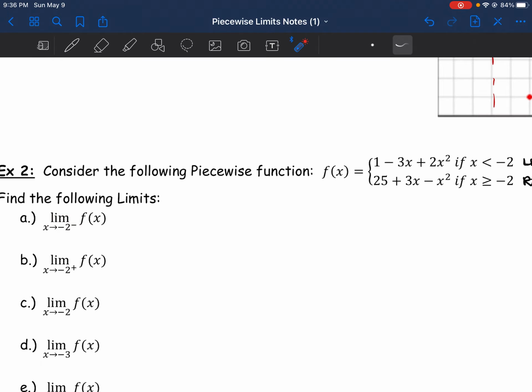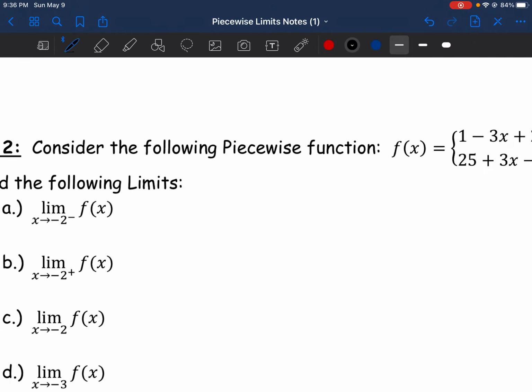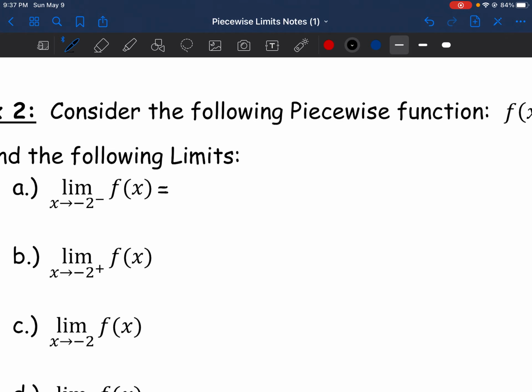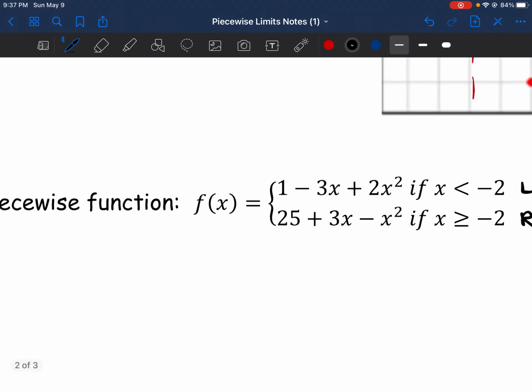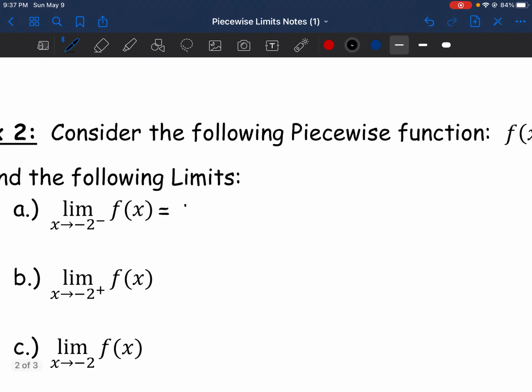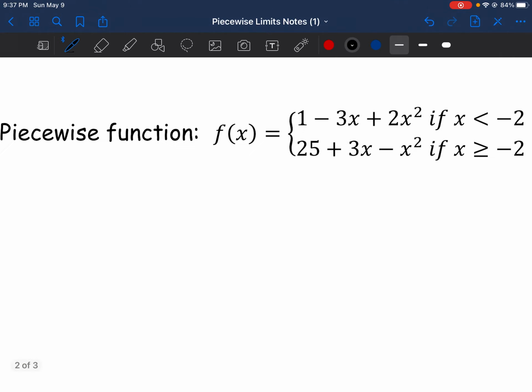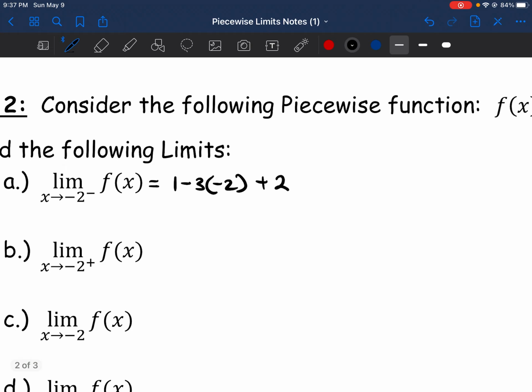We're going to use direct substitution. Okay, so let's do that. So this will equal 1 minus 3x plus 2x squared, but instead of x, we're going to directly substitute -2. So 1 minus 3 times -2 plus 2 times -2 squared.